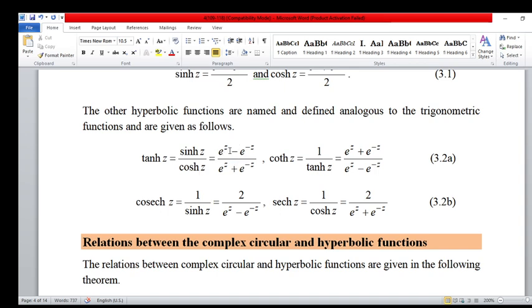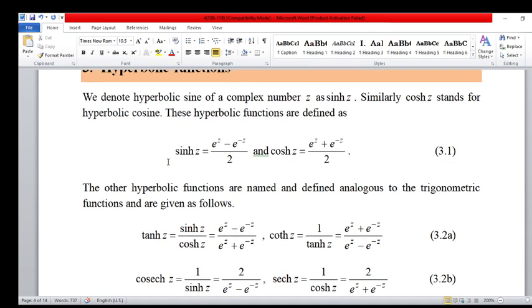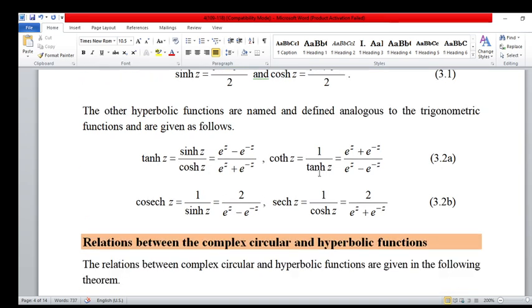This is tanh, and similarly coth, cosech and sech. These are the most important values: six trigonometric values for hyperbolic functions, called hyperbolic trigonometric functions.